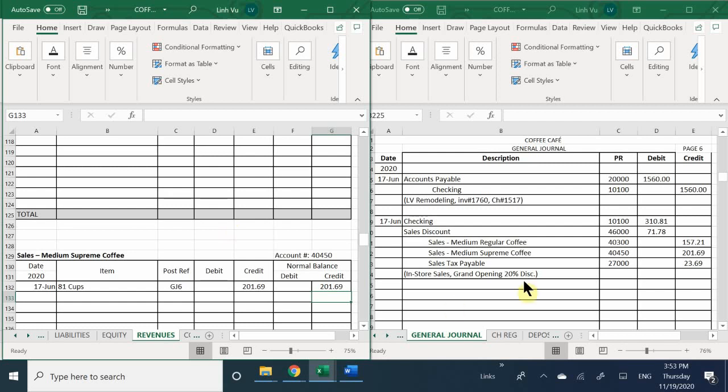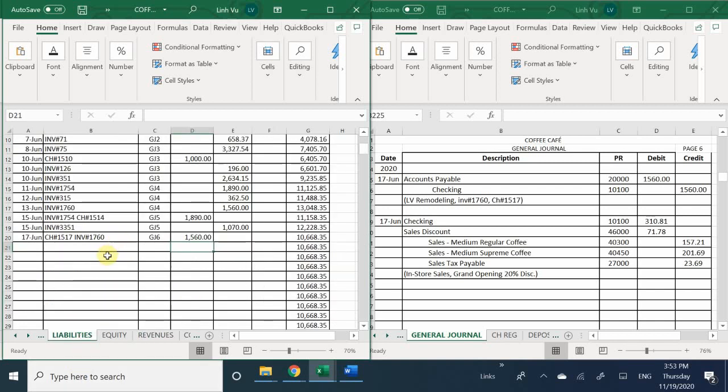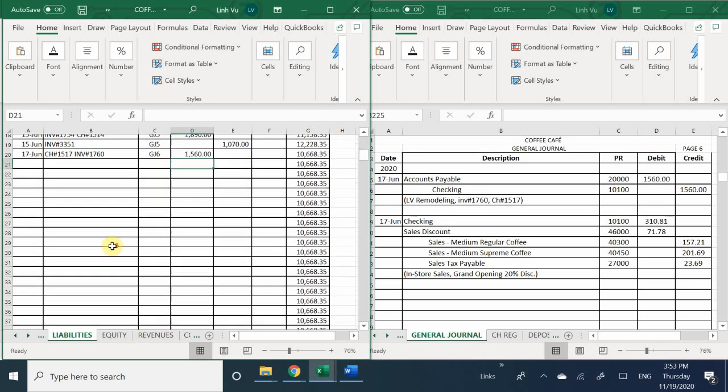All right, and let's see here. But we still have to go, I think, to liabilities to show the sales tax as well.